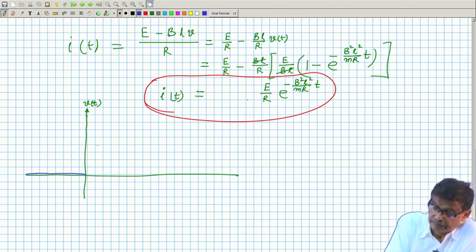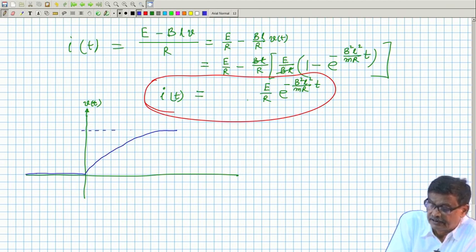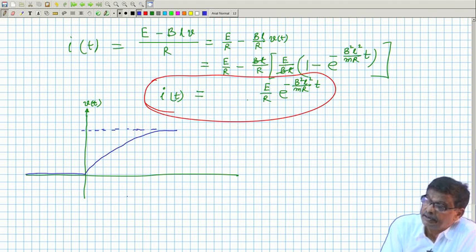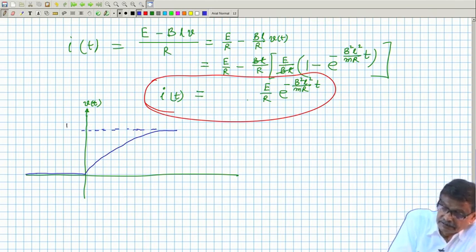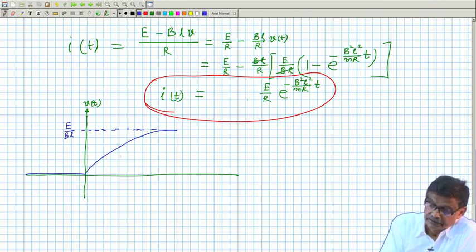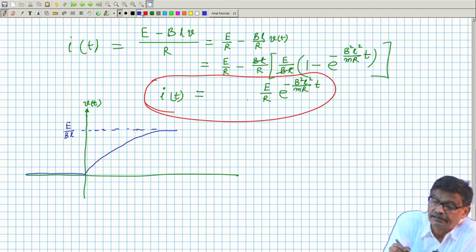Then it was rising exponentially like this and finally reaching this velocity. What was that velocity? E by B L. So, this is the final velocity E by B L. This blue curve is velocity.